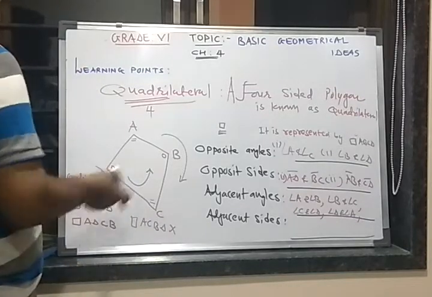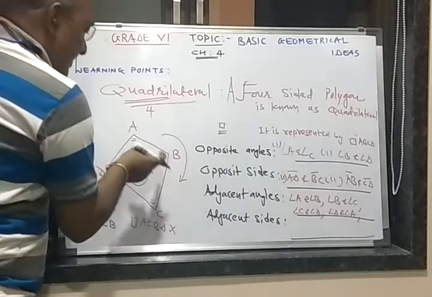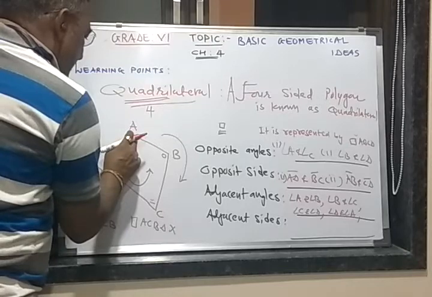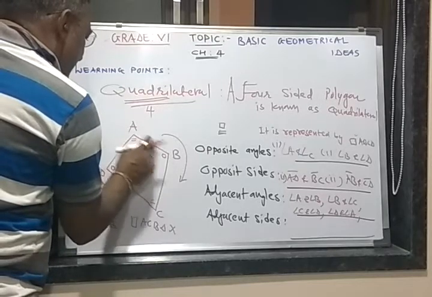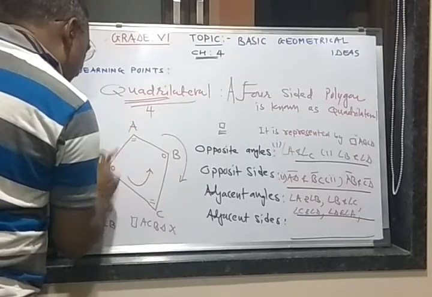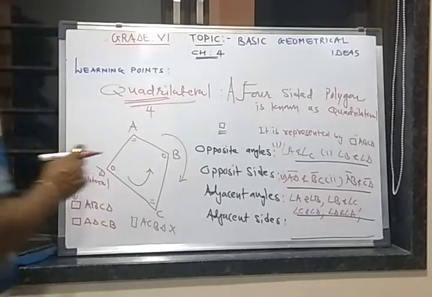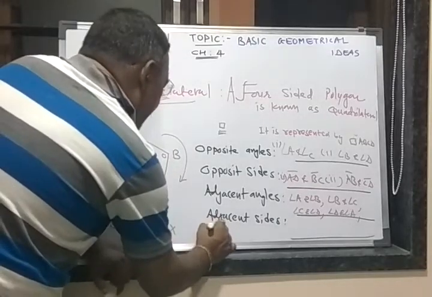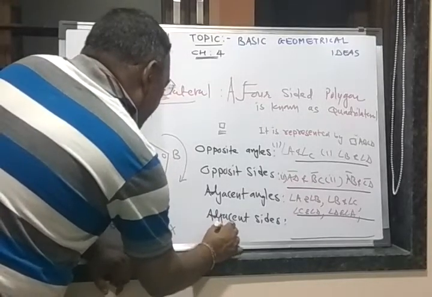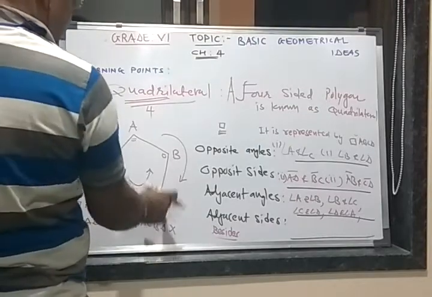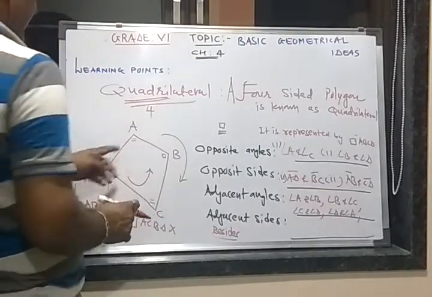Now adjacent sides. You see AB. AB's adjacent side is BC or AD. Means they are not separated, they are just beside. Adjacent means beside, right? So who is sitting beside AB? BC or you can say AD, right?